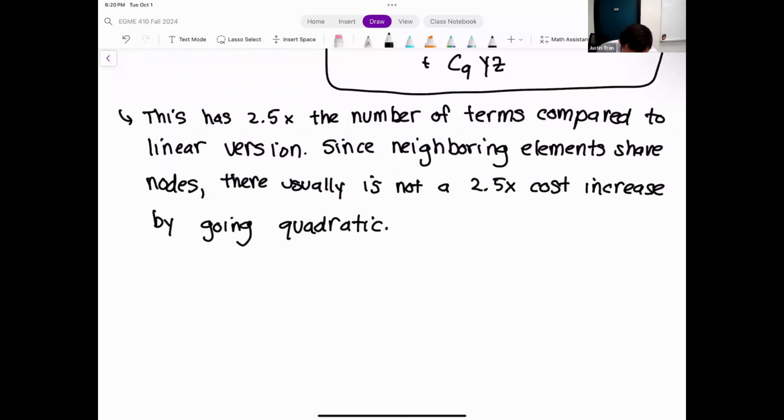Okay. So the quadratic tetrahedron is actually a really nice element because it inherits all of the positive qualities of the linear tet.